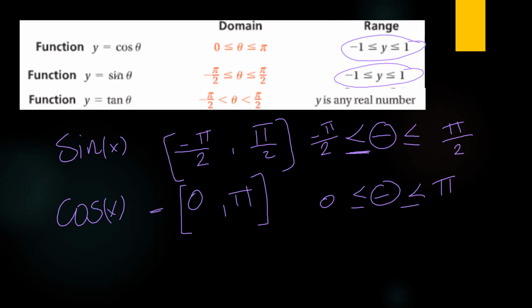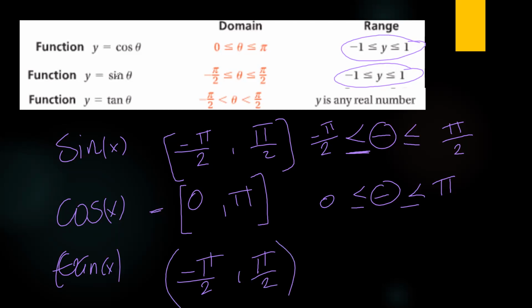And let's talk about the tan of x here. The tan of x is from negative pi over 2 to pi over 2, but in this case they are not included. So in other words, I write it as theta greater than negative pi over 2 and less than pi over 2. I don't put these equal signs here. As you see, there are no equal signs.